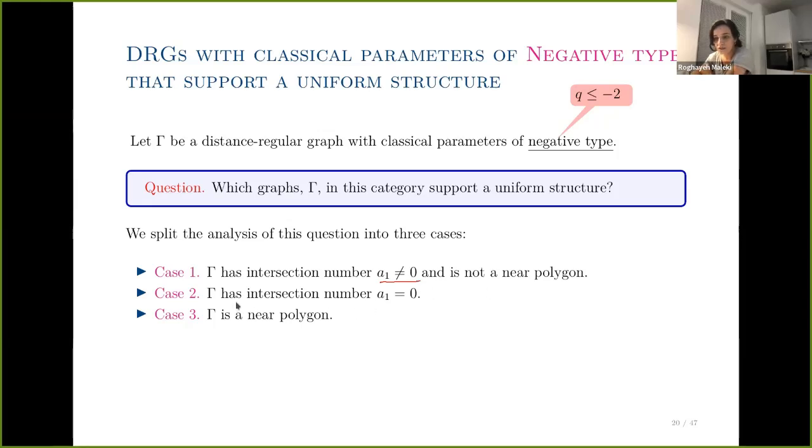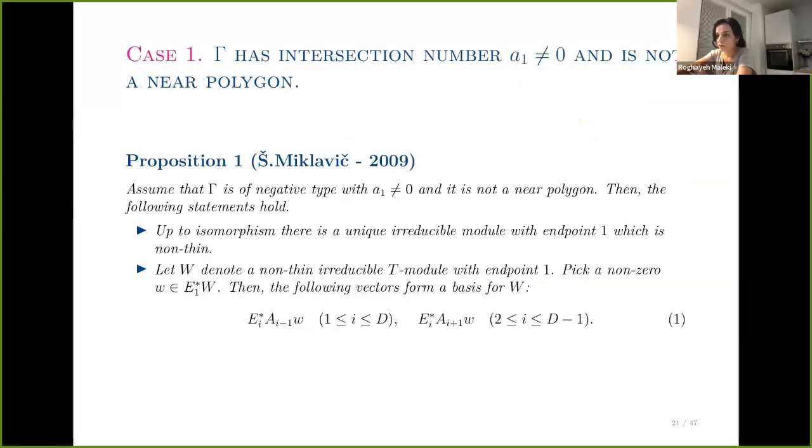Then we assume that gamma has intersection number A1 equals 0, and also we consider the case where gamma is a near polygon separately. So I go briefly over each of these 3 cases. I didn't include all the proofs, but some of them I included to give some idea about it.